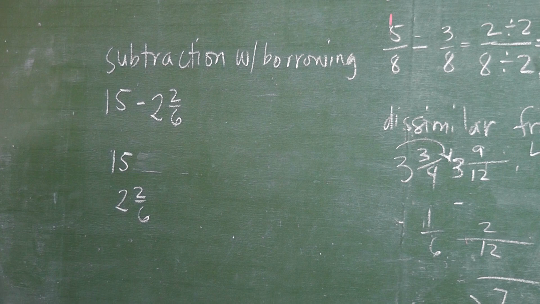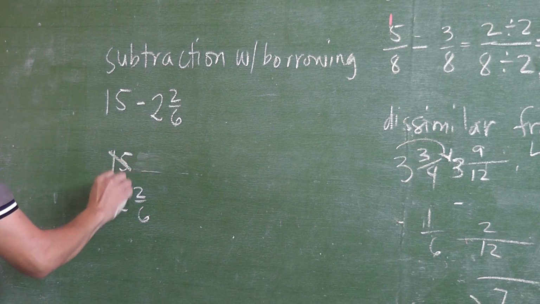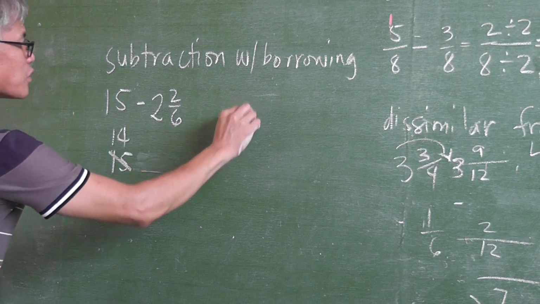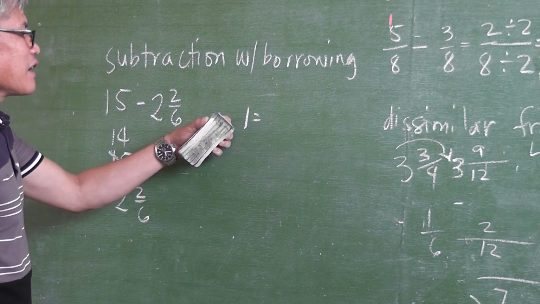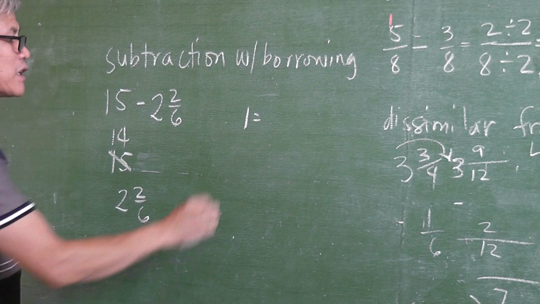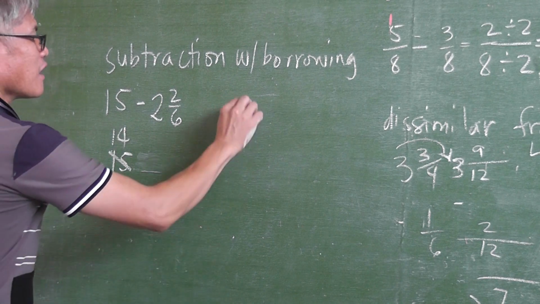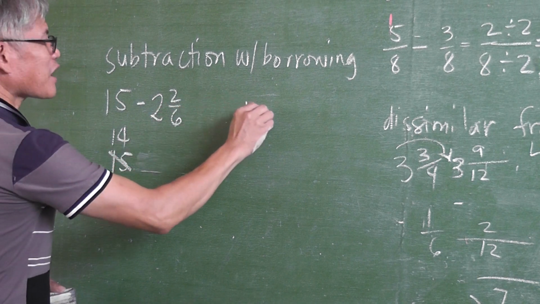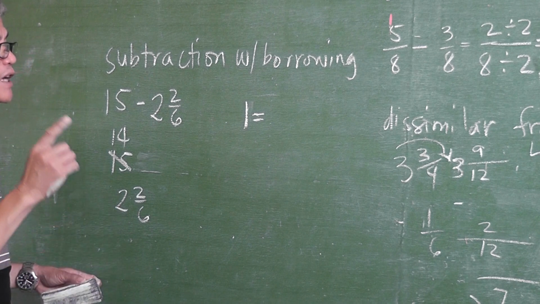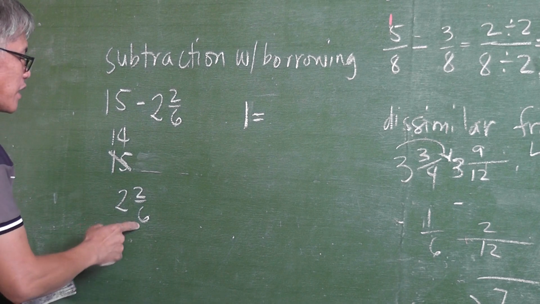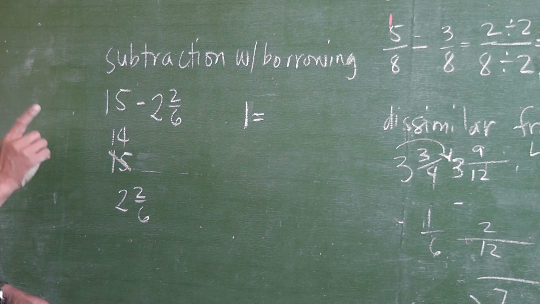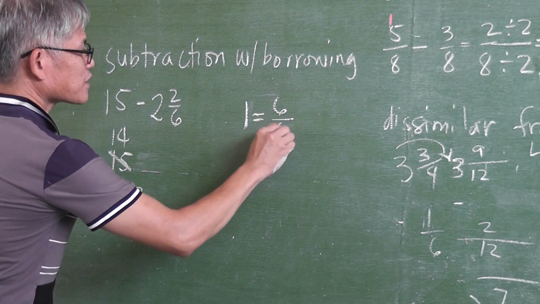So what are we going to do? We are going to borrow 1 from 15. So the 15 becomes 14. And what will happen to the 1 that we borrowed? The 1 that we borrowed will become a fraction equal to 1. Where are we going to get the fraction that is equal to 1? We will base our fraction equal to 1 on our denominator. Our denominator here is 6, so our fraction equal to 1 is 6 over 6.